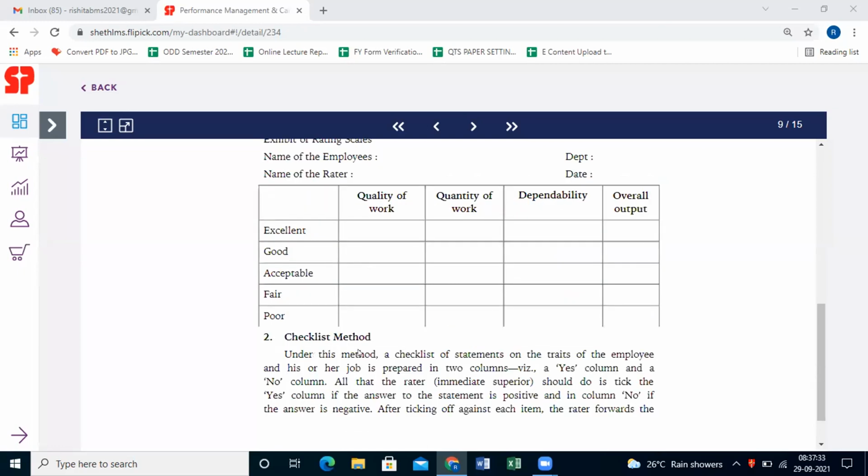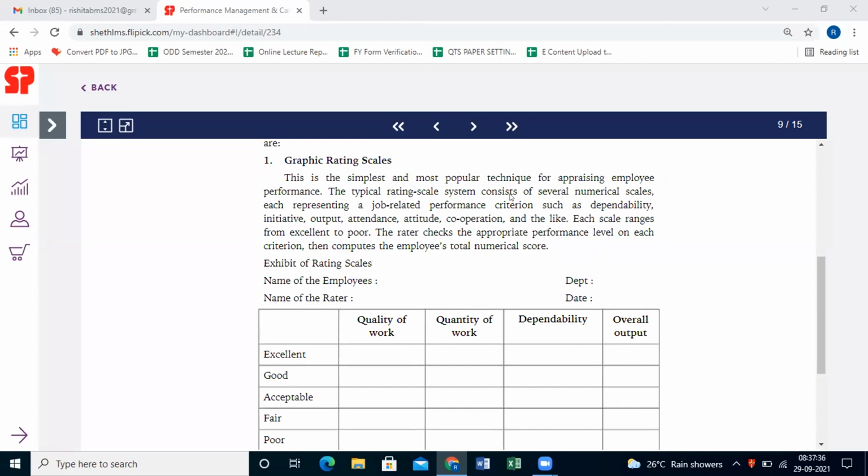Even if it is not mentioned here, I think you can identify that in this particular method of rating the employee there are many limitations, one of which is its subjective nature. See students, what is excellent for you may not be excellent for me. What is good for you may just be fair for me.